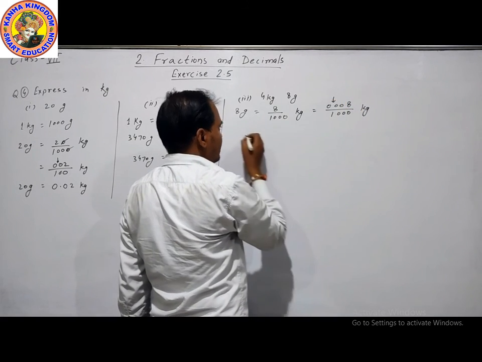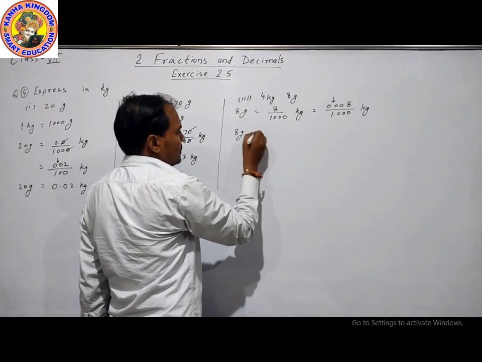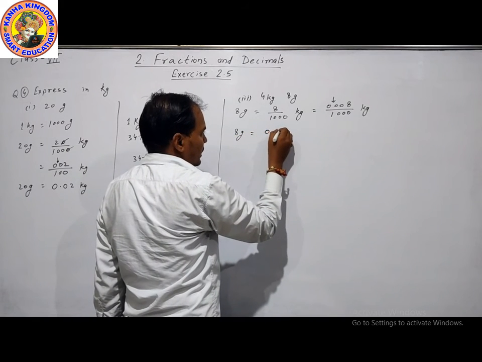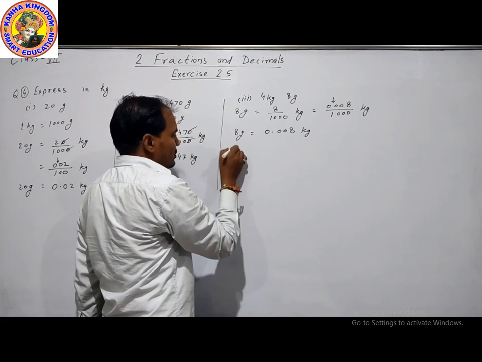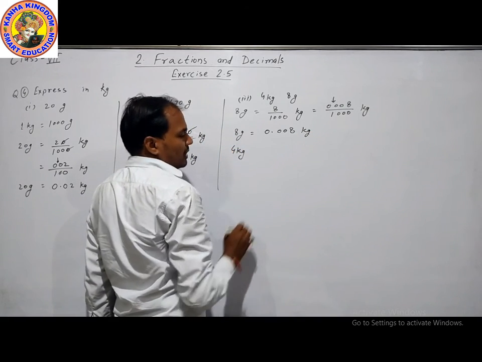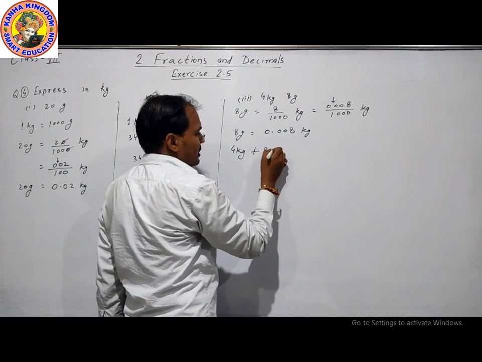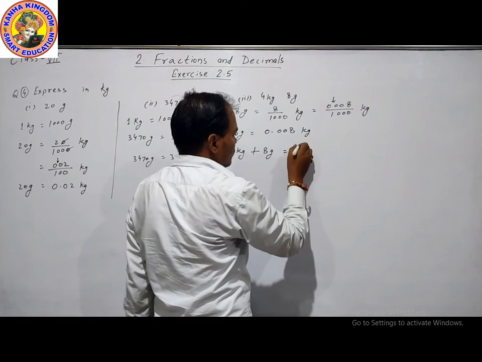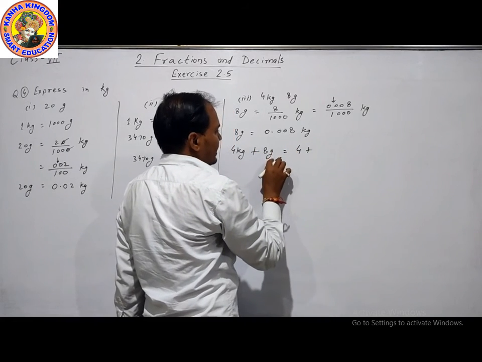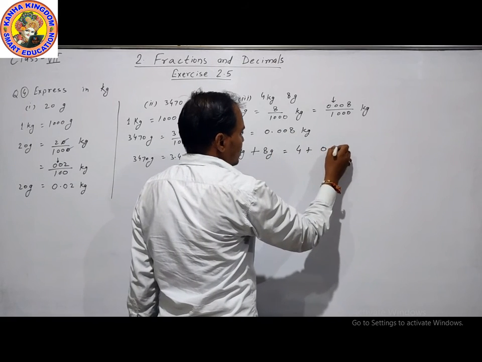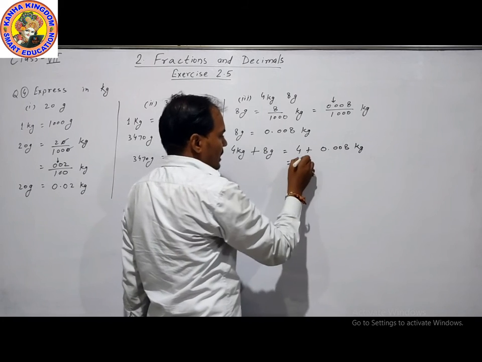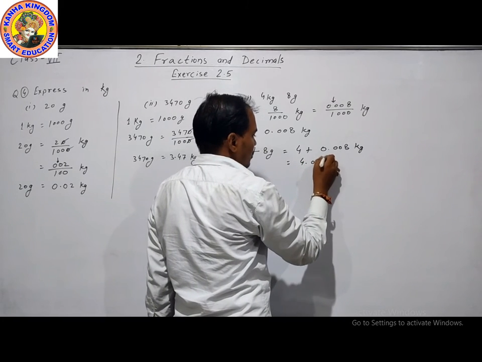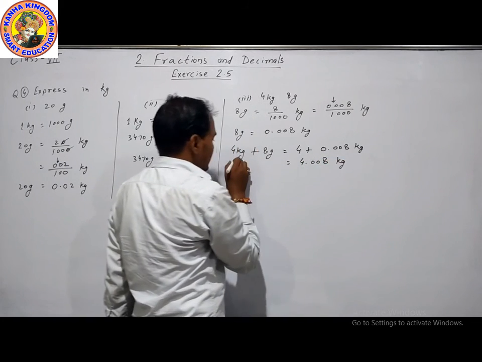Here the decimal point will come. 8 gram is equal to 0.008 kilogram. The question is 4 kilogram plus 8 gram. So answer is 4 plus 8 gram, which is 0.008 kg. So answer is 4.008 kg.